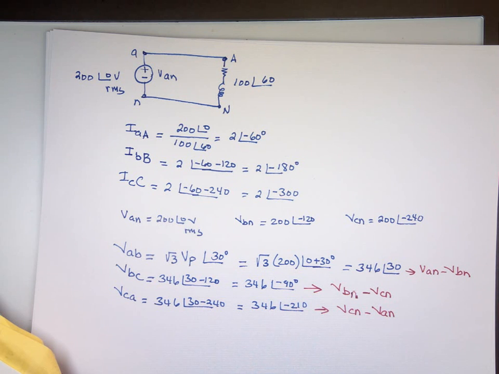And the last one, can we figure out the average power delivered to this one? Well, I know the current. So let's do it. What is the average power delivered to AN?